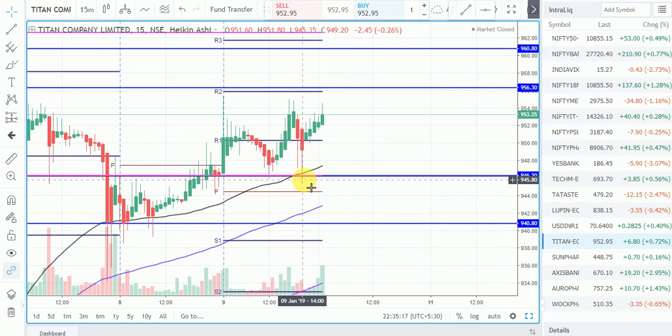They wait patiently, they enter patiently. This is how patience works: after 13:45 you can see the momentum got over, that's it. Then it started reversing, and the same thing happened in the index as well.